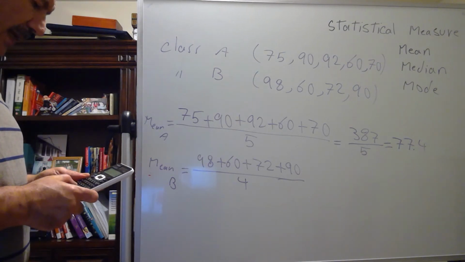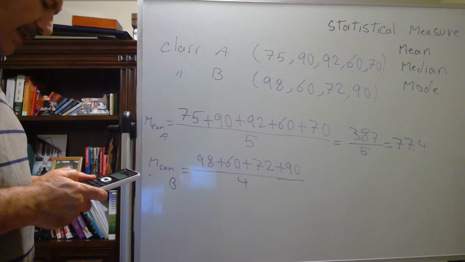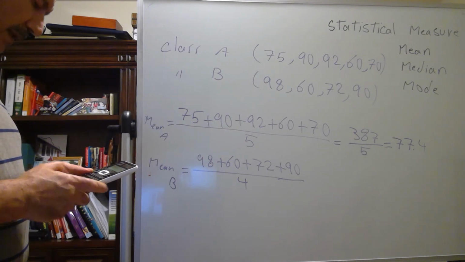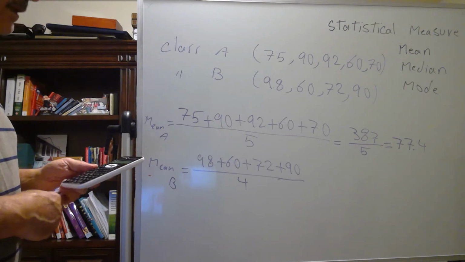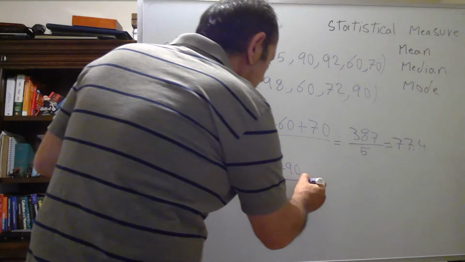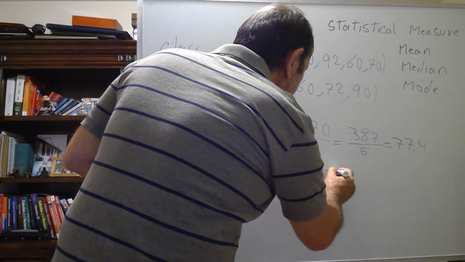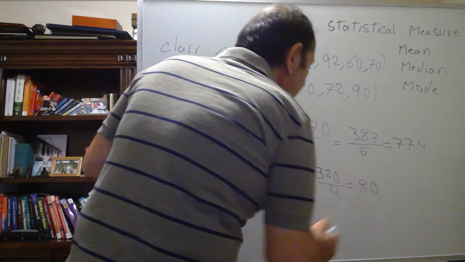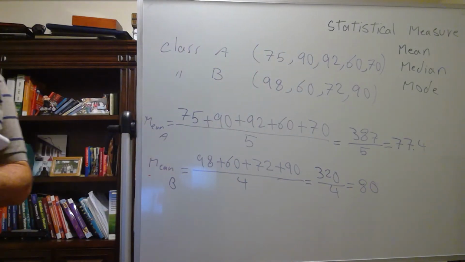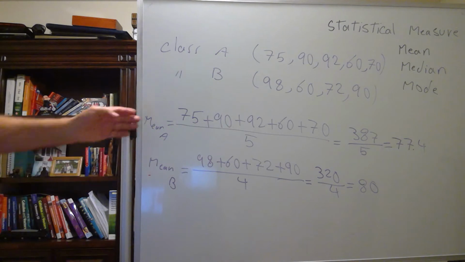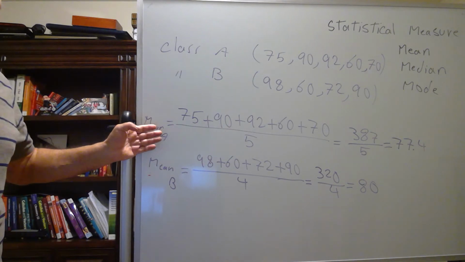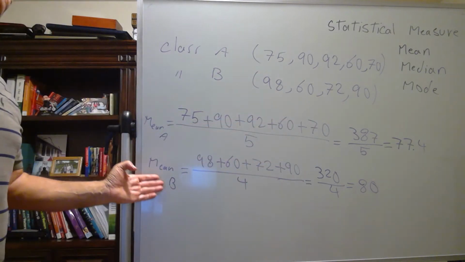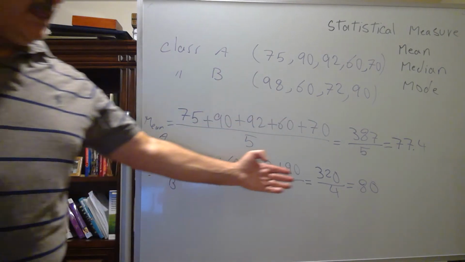The sum is 320, divided by 4, which is 80. So, as you see, the mean mark of class A or average mark of class A is 77.4, and the mean of class B or average mark of class B is 80.